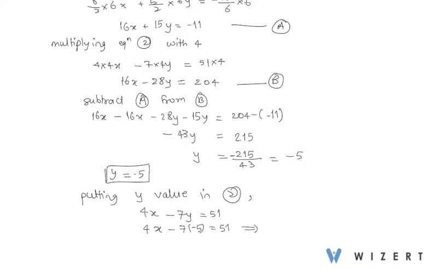So what we get is 4x, minus of minus is plus, so plus 35 equal to 51. So we get 4x equal to 51 minus 35, which is 16, so 4x equal to 16. So we get x equal to 4.